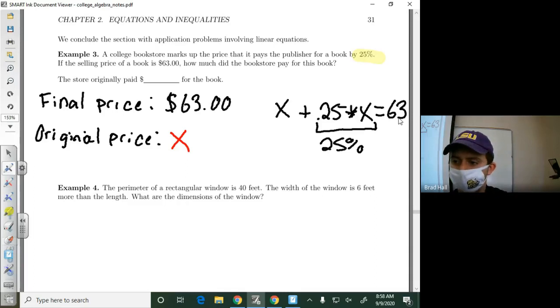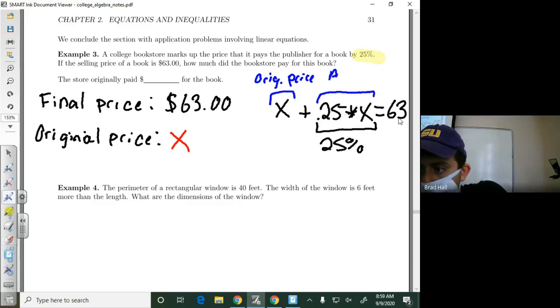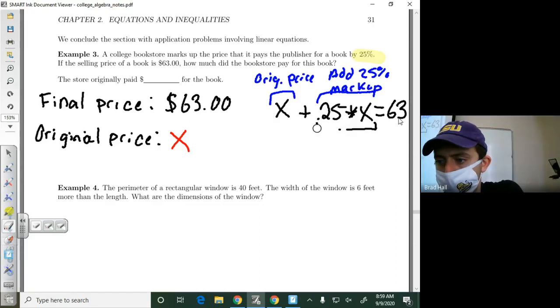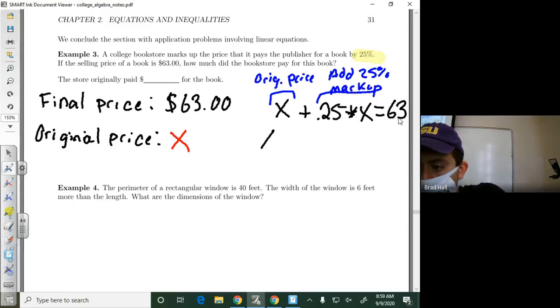So here, now what it is, original price, add 25% markup, and that's where the $63 comes into play. So really, all we have is x plus 0.25x is equal to 63, and now it's an algebra problem.